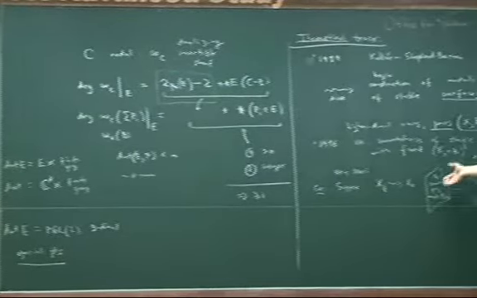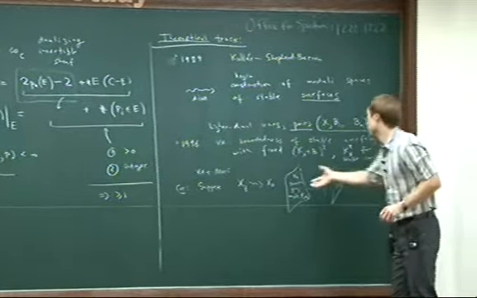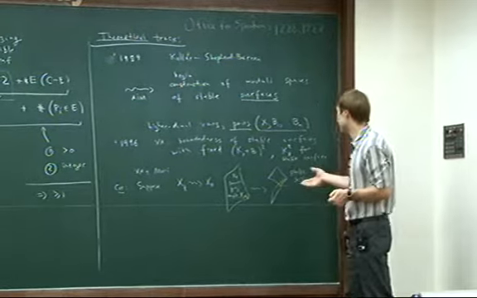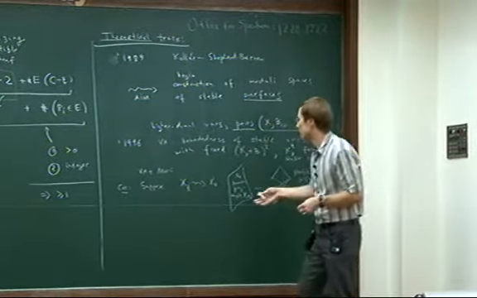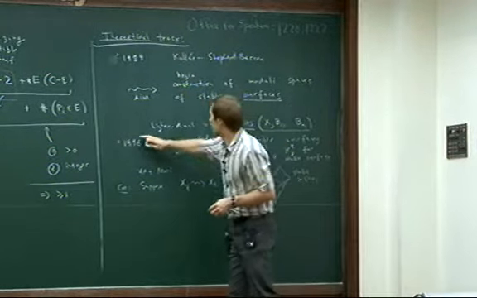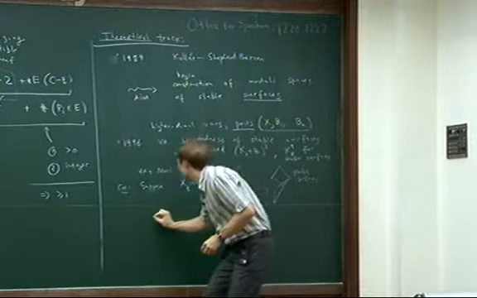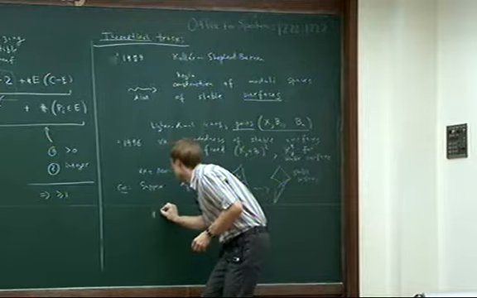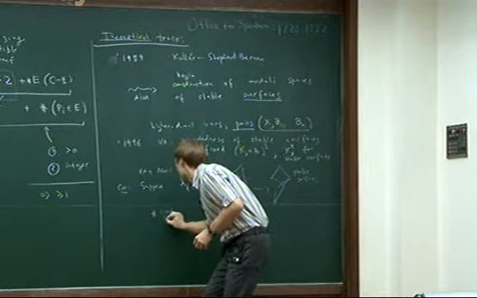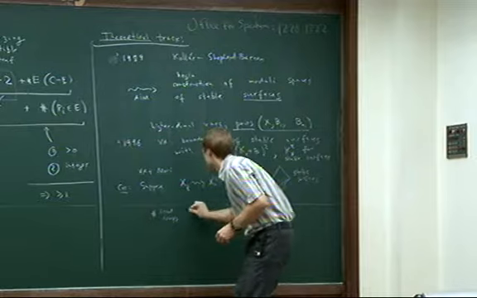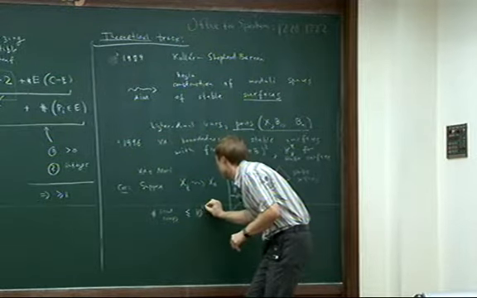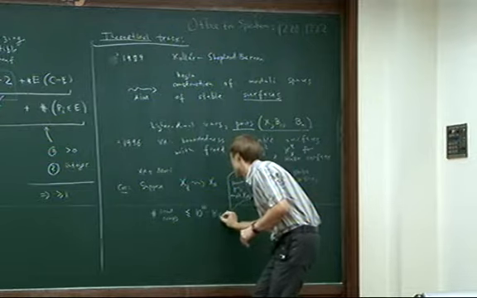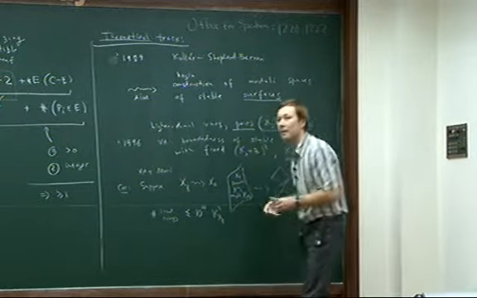So if you try to ask the same question for surfaces, what this theory implies is that the number of irreducible components is less or equal than something like 10 to the 20 times K_X squared.